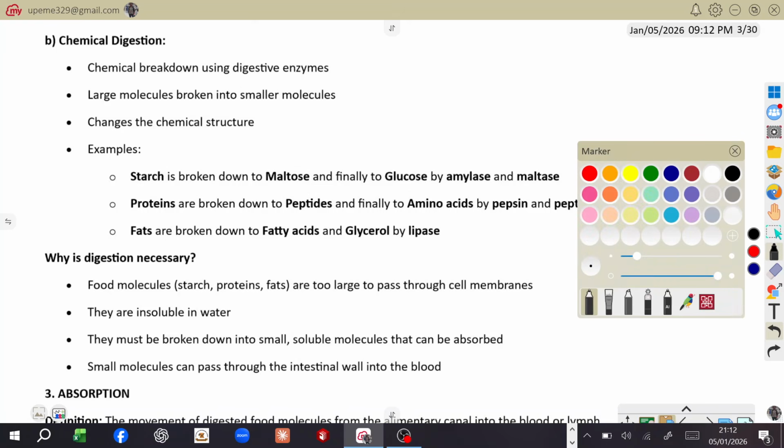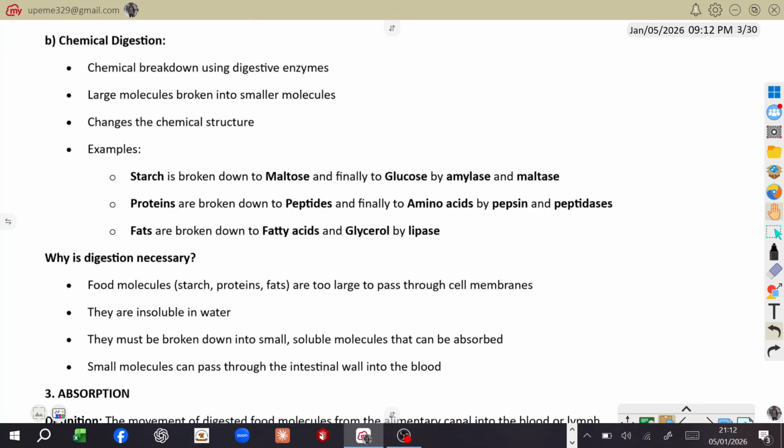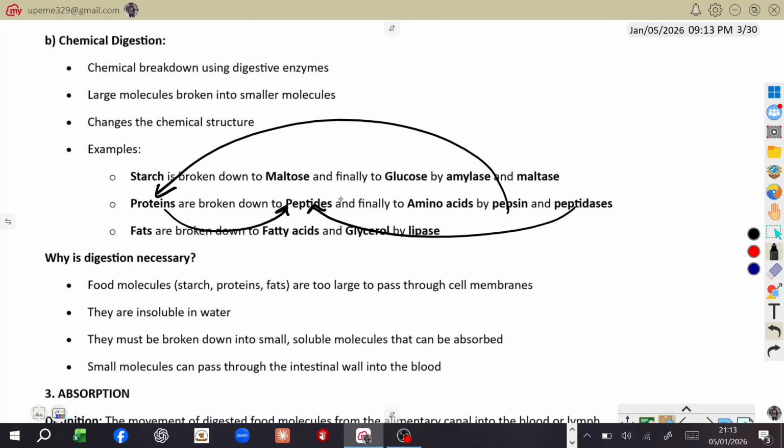All right, so now proteins are broken down into peptides and finally to amino acids by pepsin and peptidase. Here it means that pepsin breaks down proteins into peptides, and then peptidase breaks down peptides into amino acids.